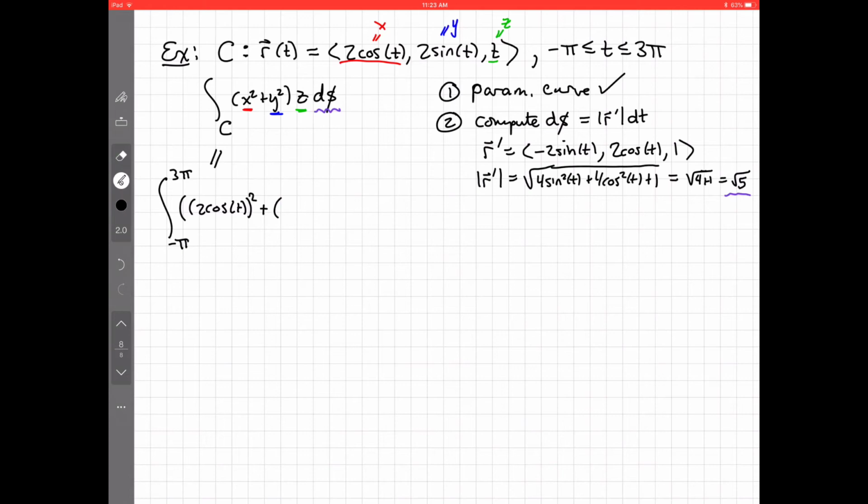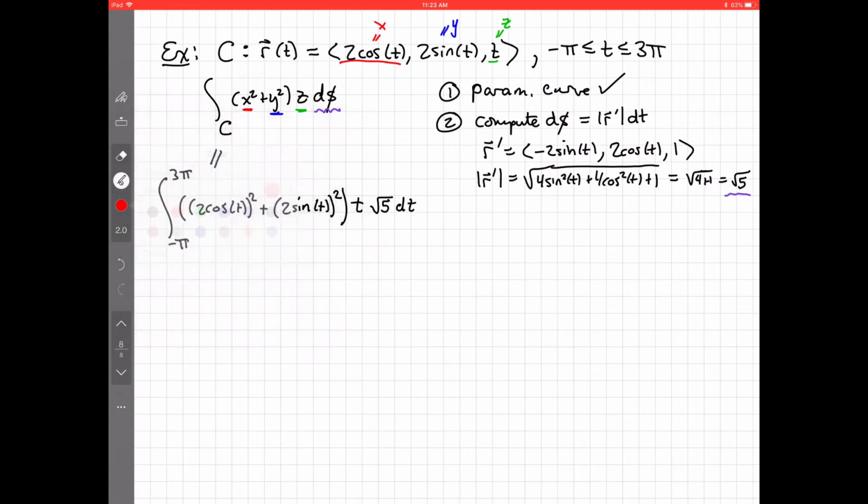And then y is 2 sine of t. We need that squared, so there's y squared. And then this is times z. Oops, but I need to plug in z. Pay attention to what I'm doing. So z is the same thing as t. And ds is square root of 5 dt.